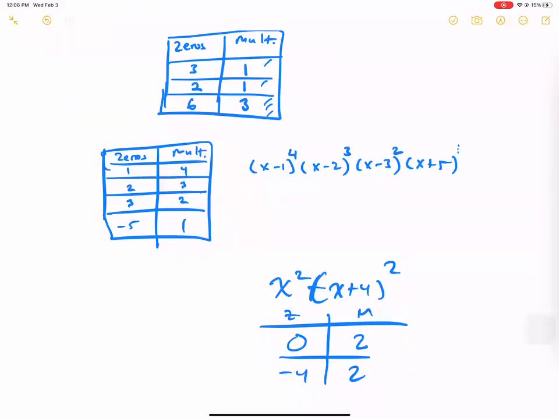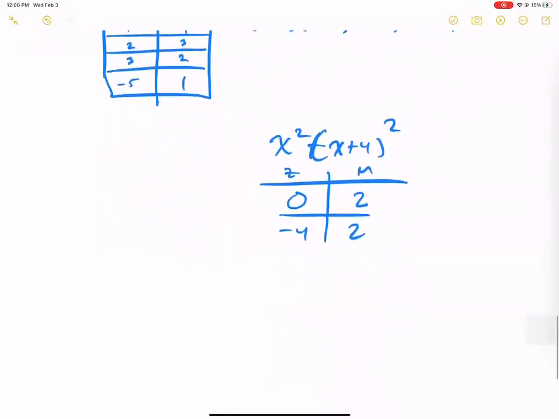The last one is if they tell you the roots. Let's say the roots are 3, 2 with a multiplicity of 4, and 5, with a coefficient of negative 3.